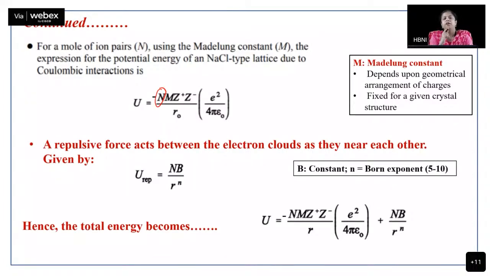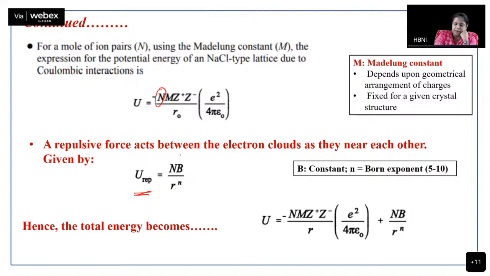Now the problem is, as your ions are coming closer, they're lying side by side, right? There will be repulsion. Now there is an attraction between the charges, but all of them have got electron clouds, whether it is a positive or negative ion. The electron clouds will repel each other. And that particular repulsion term by theory has been determined: U repulsion equals NB by R^n.